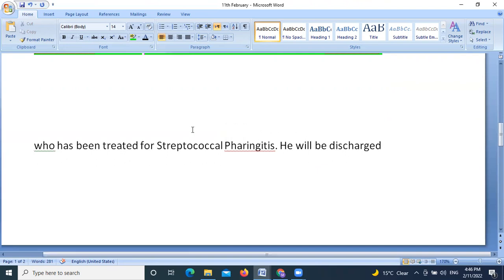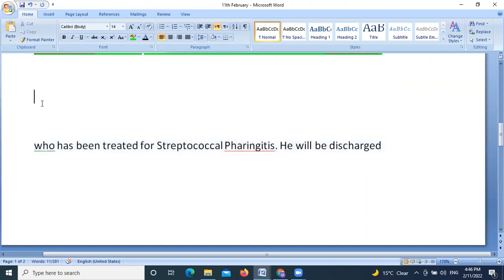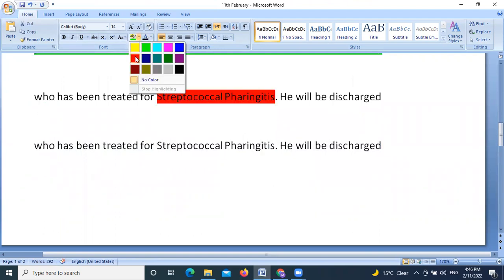Another mistake you can see here: "who has been treated for Streptococcal Pharyngitis and he will be discharged." In this sentence, streptococcal pharyngitis is not the name of a disease given after someone's name, like Parkinson disease or Alzheimer disease.